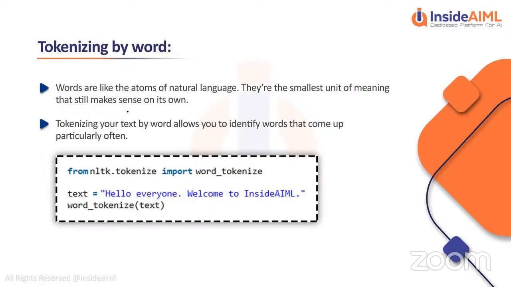In order to tokenize words, or we can say the atoms of the text, we take the whole sentence, feed it to our word tokenize, and break it into words, or I can say atoms. The thing is how to do it.